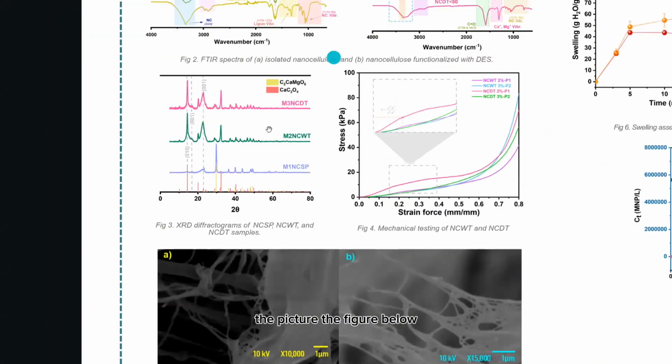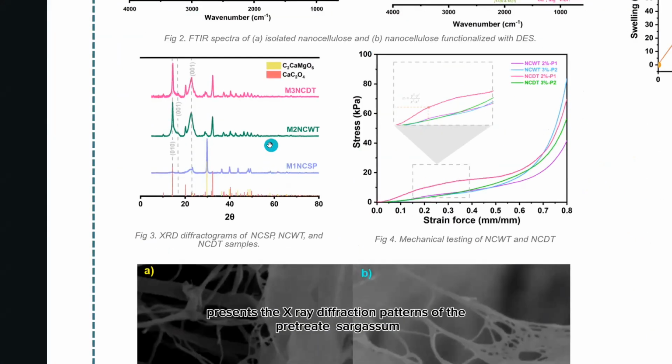The figure below presents the X-ray diffraction patterns of the pre-treated sargassum powder, the isolated nanocellulose, and finally the functionalized cellulose. The diffraction peaks correspond to crystalline planes of cellulose type I, confirming a mixture of alpha and beta phases.